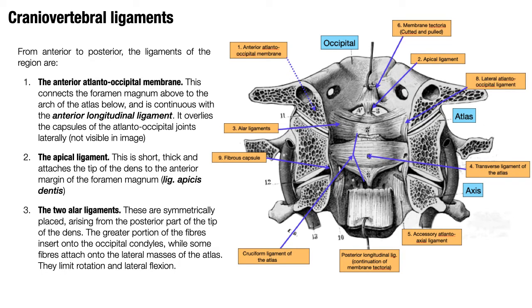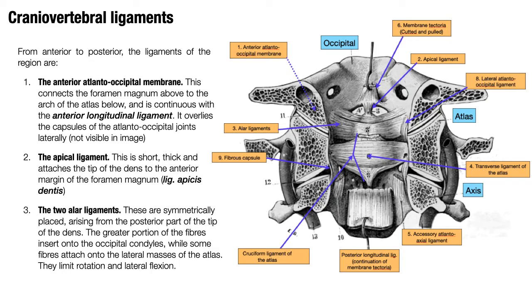First, we have the anterior atlanto-occipital membrane. This one we cannot see in this image in particular because it's on the anterior side. So it is represented as number 1 in the drawing with a dotted line.